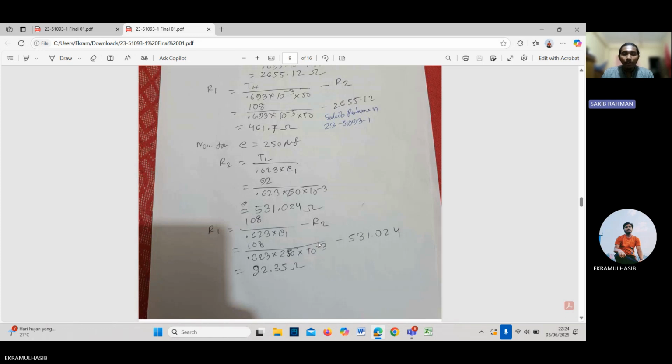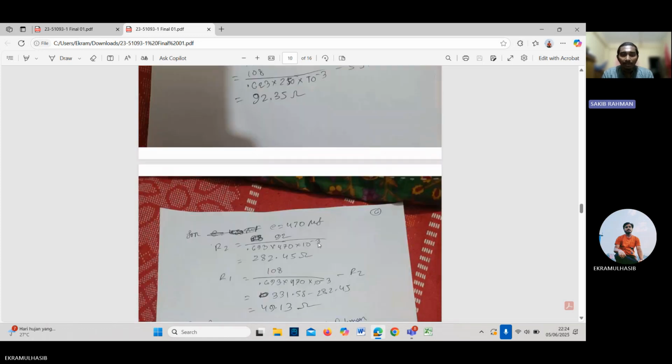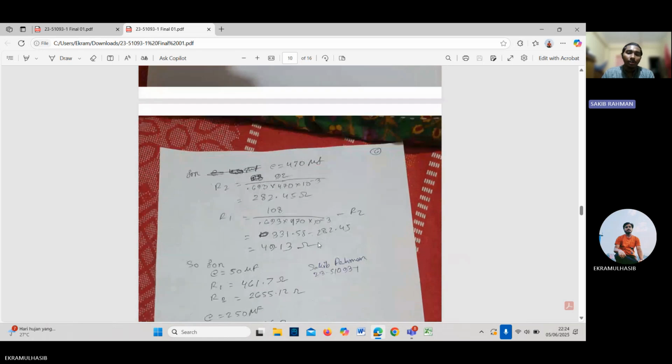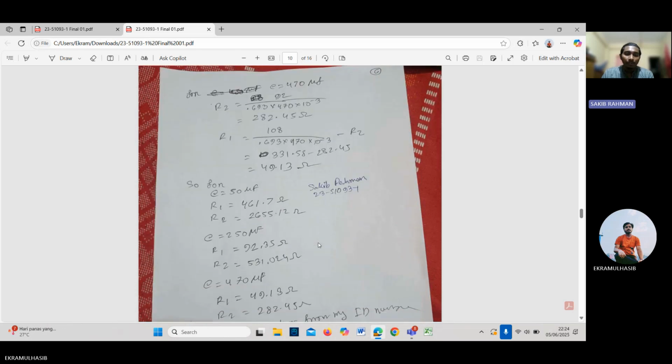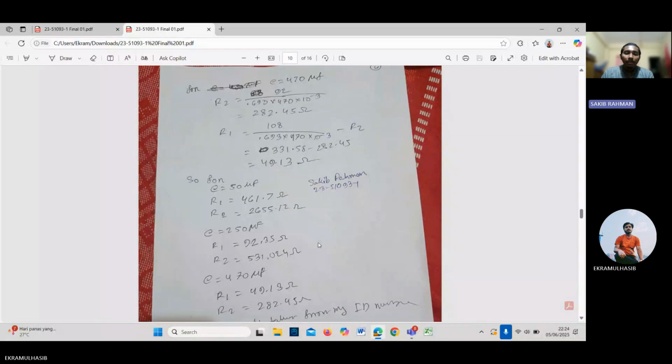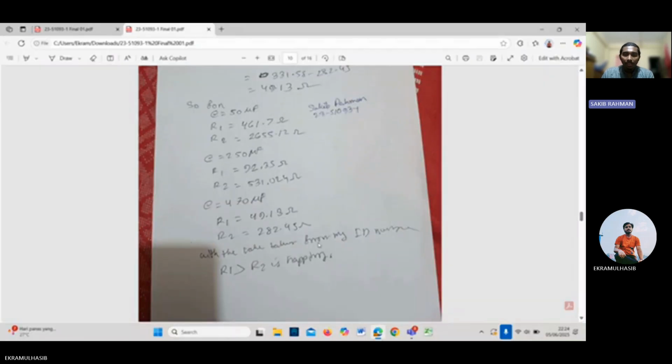For the capacitor 470 microfarad, R2 equals 282.45 ohm, and R1 we got 49.13 ohm.